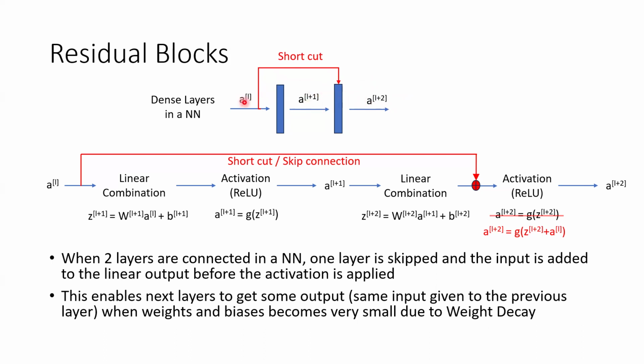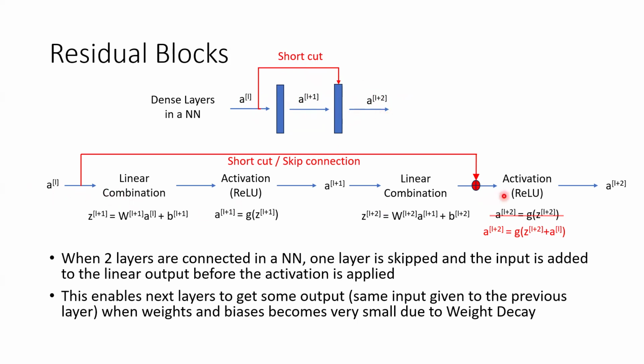What we are doing as a shortcut is adding this A_L to this layer before we apply the activation function to get A_L+2. That means we do the linear combination with A_L+1, then we add A_L, and then we apply the activation function.